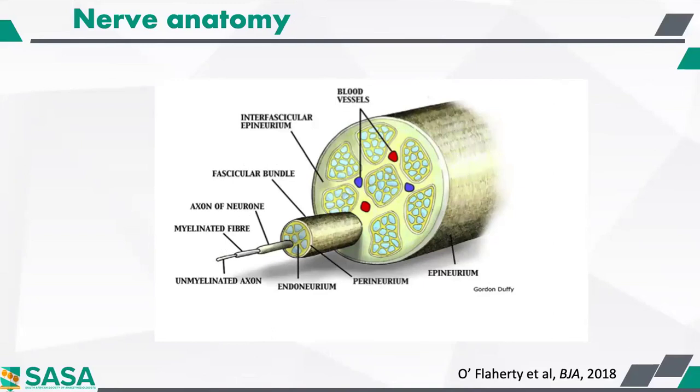The perineurium consists of collagen and other tissues, and it is quite robust. It's also important to note that the nerve tissue has an intrinsic and extrinsic blood supply.